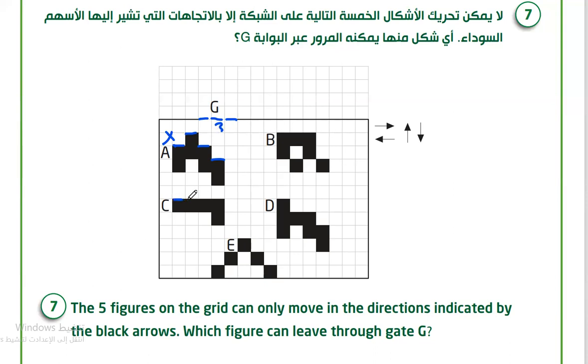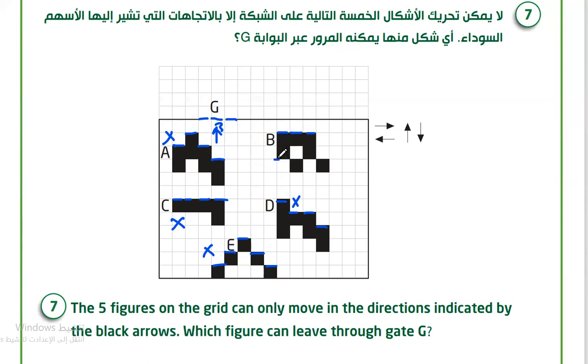And here also 1, 2, 3, 4, so it can't pass through this door. Also here 1, 2, 3, 4, so you can't pass through G. Here 1, 2, 3, 4, 5, so you also can't pass through G. Here look, 1, 2, 3, right? So it passes through gate G.